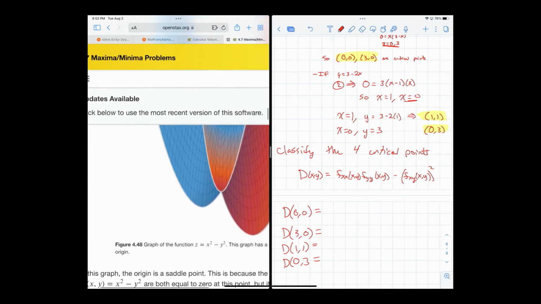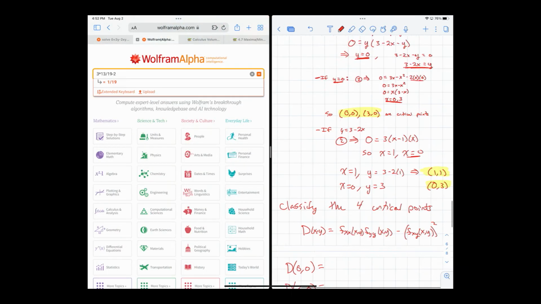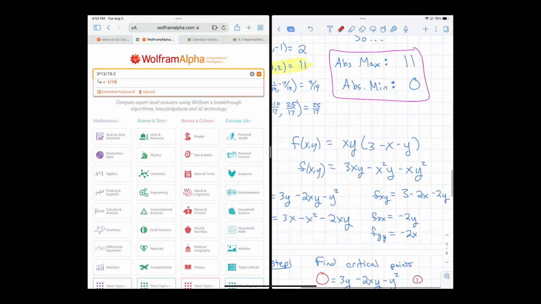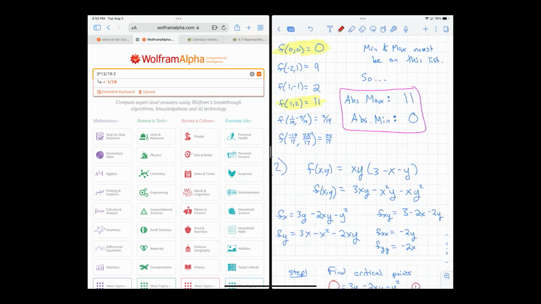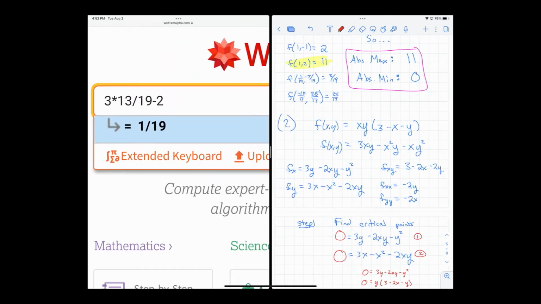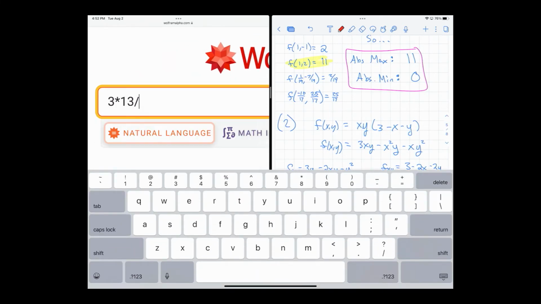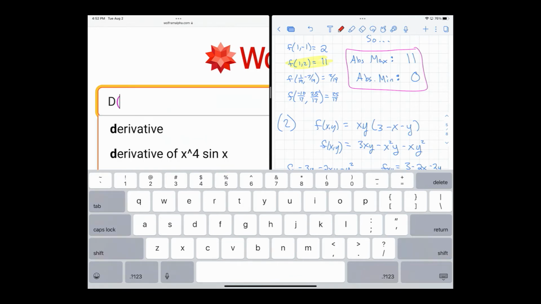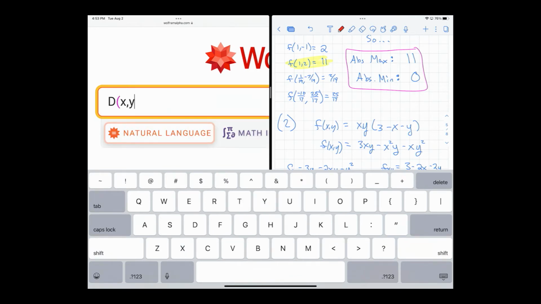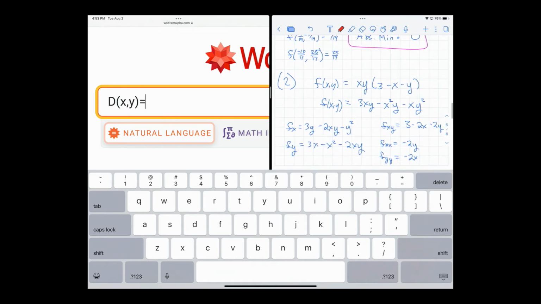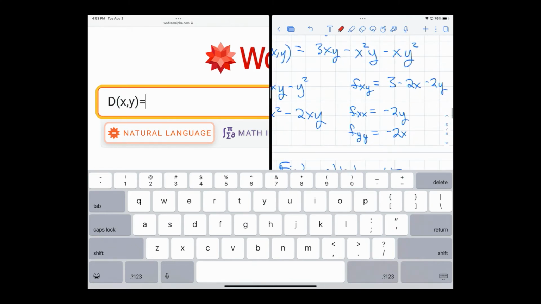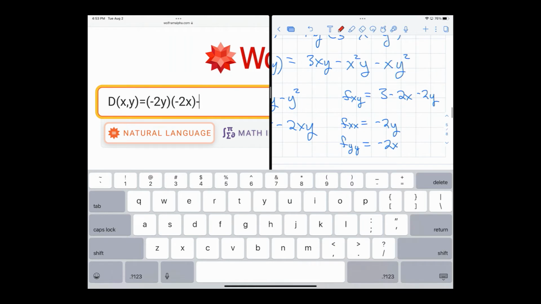Now, in order to do that, again, we want to do this in an efficient way. So let's go up here to where our derivatives are, and let's just type in all of what D should be. D, which is a function of x and y, should be equal to fxx, which is negative 2y, fyy, which is negative 2x, minus fxy squared.